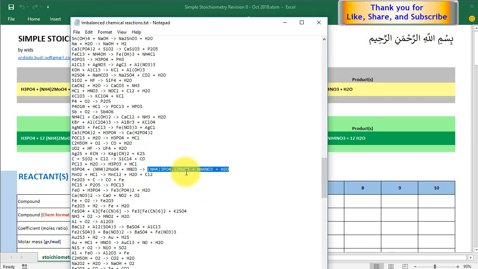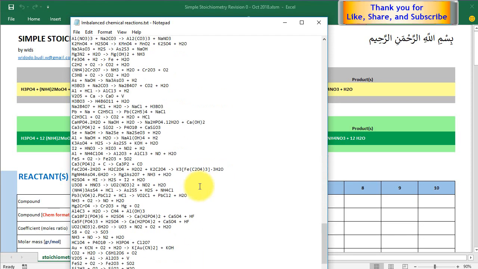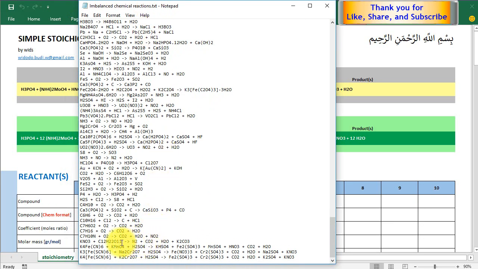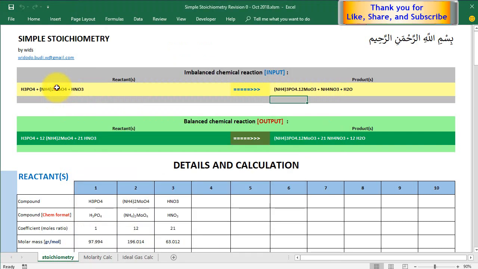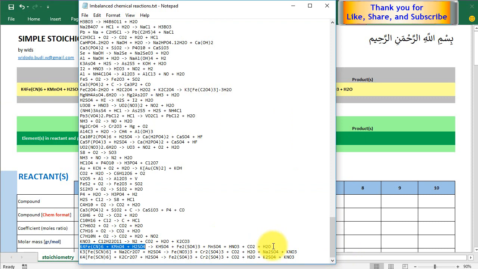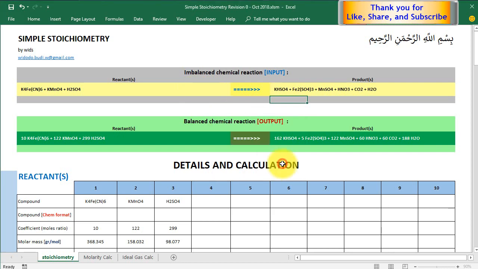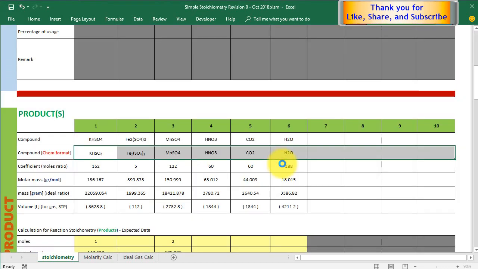Alright, we try this. If the system can solve this chemical equation, then our application functions well.